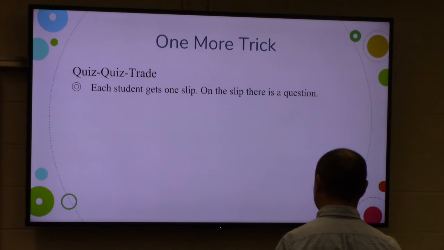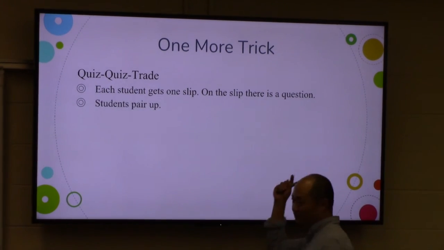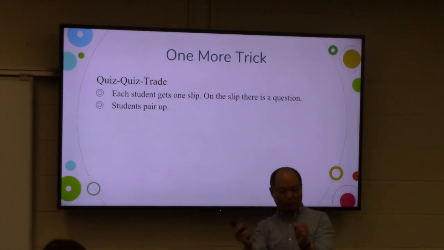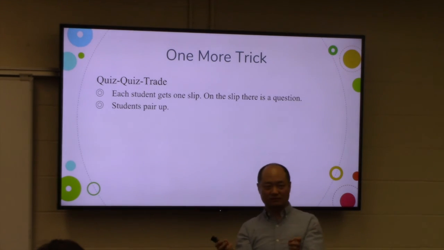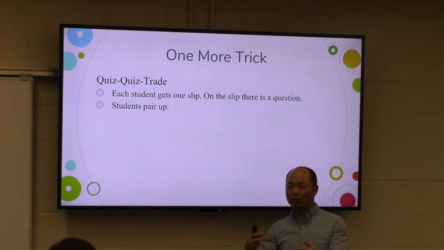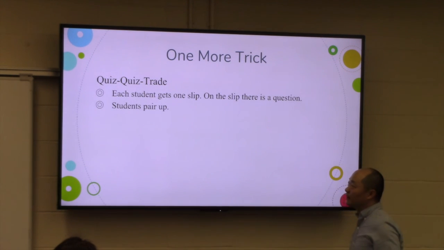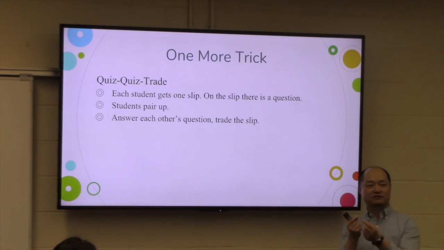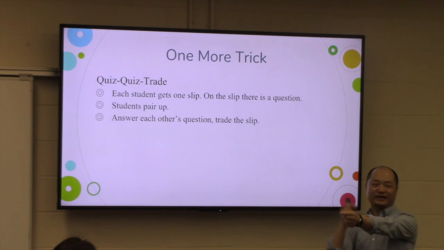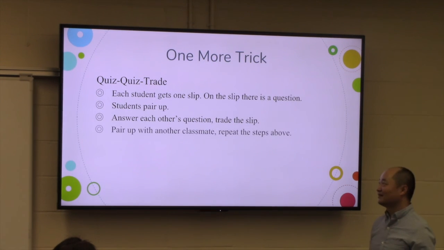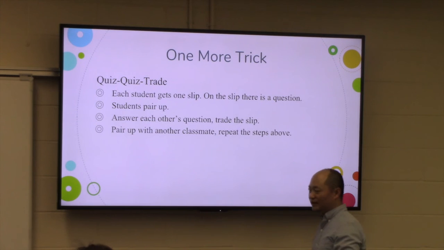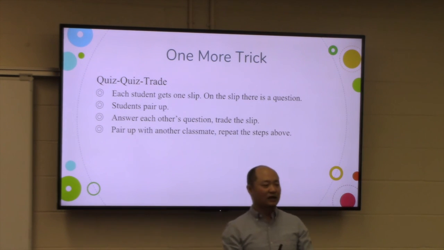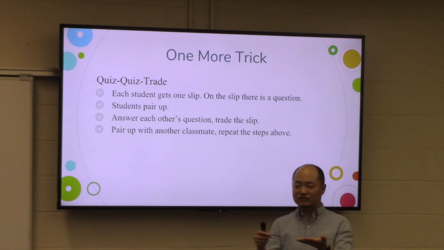Each student gets 1 slip, and on the slip there's a question or a few follow-up questions. Usually for higher levels, I ask why to follow up. Students pair up, answer each other's question, and then trade their slip. They pair up with another classmate and repeat the steps. This is a very straightforward way, because you give them the question.